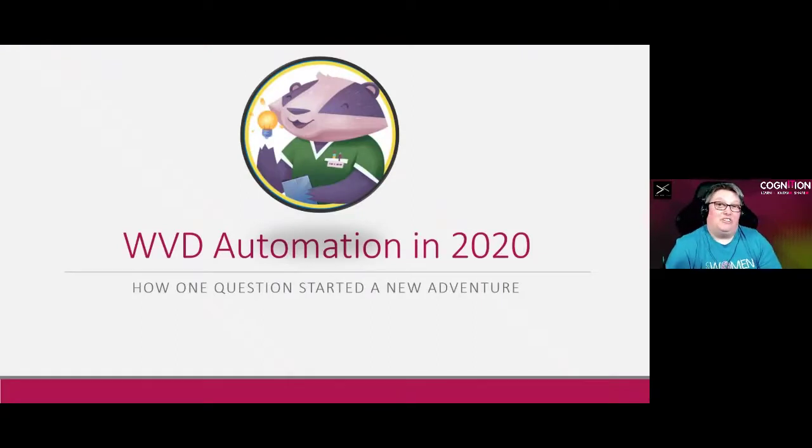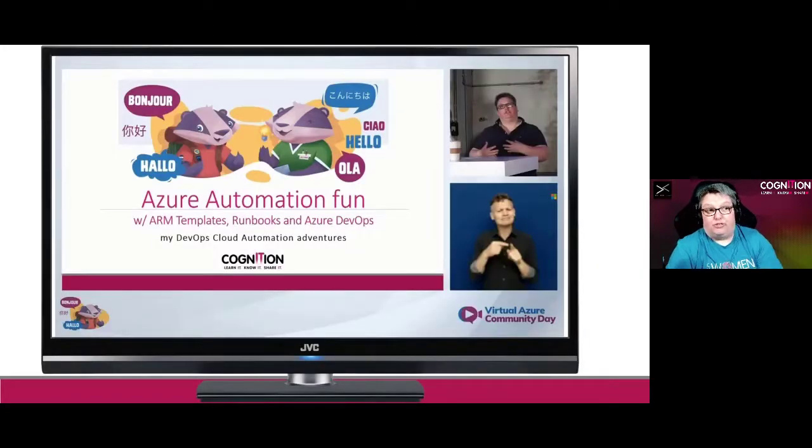To give you a small background on what WVD automation was for me, I'm going to give you a quick recap, because that will make you understand why this presentation today is focused on GitHub Actions. So for me, 2020 was mostly focused on Azure Automation fun, as I like to call my cloud DevOps adventures.